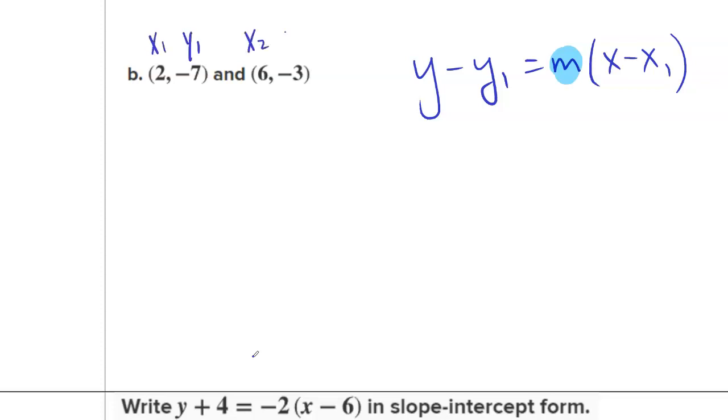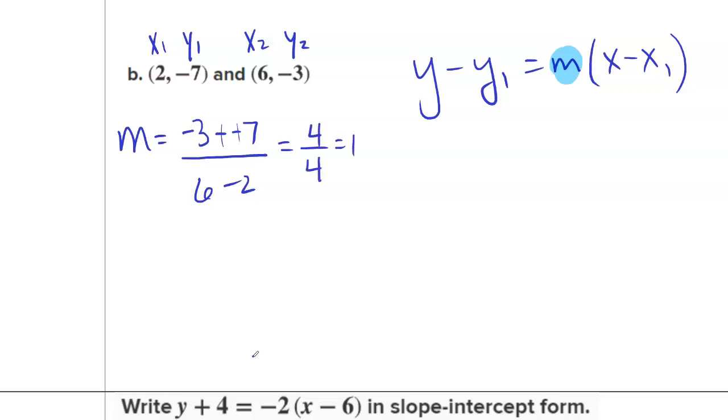We'll say this is x2, y2. And we'll calculate the slope. So we're going to have negative 3 minus negative 7 divided by 6 minus 2. So that's going to give us 4 over 4. So our slope is 1.